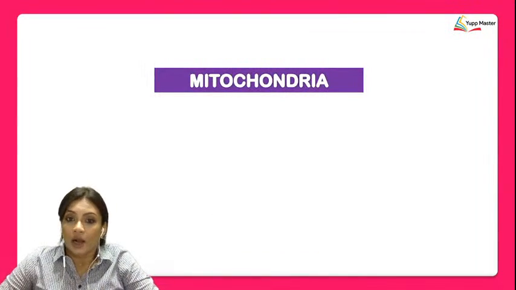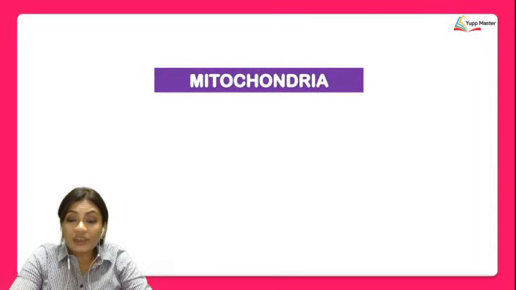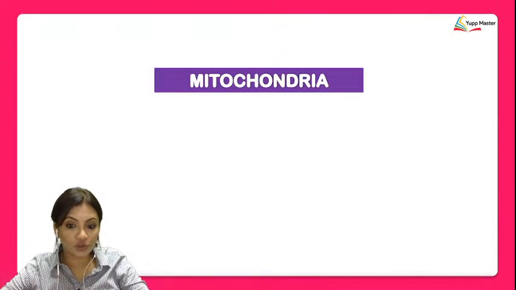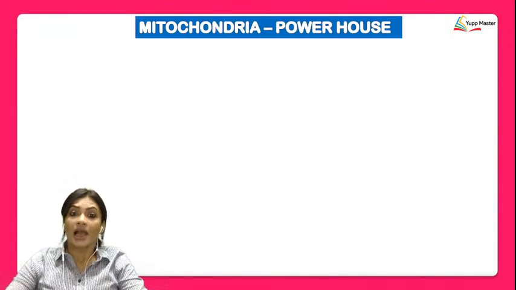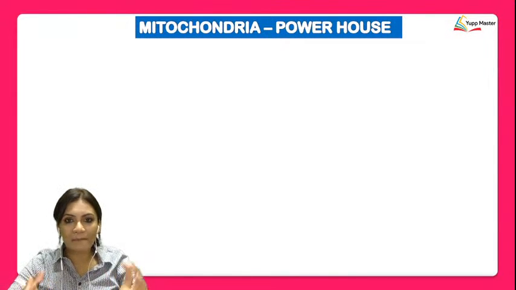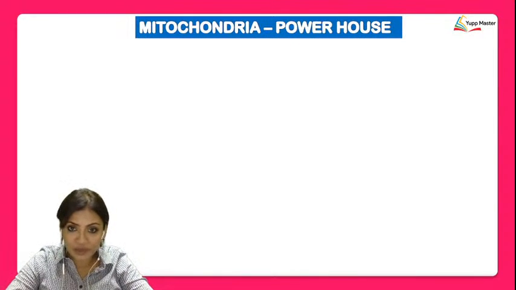All right, now we'll just give a brief introduction to mitochondria, and the remaining major structure of mitochondria we will be doing in our next lecture. Mitochondria, as you all know, is basically the main powerhouse of the cell. Why is it called the powerhouse of the cell?